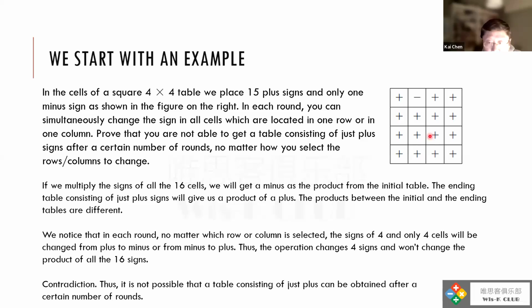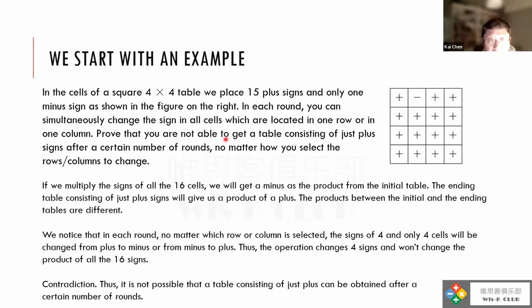And what we can show, because in the initial stage, you have 15 plus and 1 minus. So basically, if you multiply all the 16 signs together, you will get a minus. Because 15 plus and 1 minus, you multiply all the signs together, you get a minus, right?